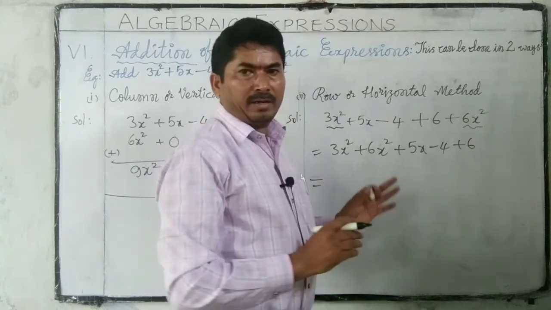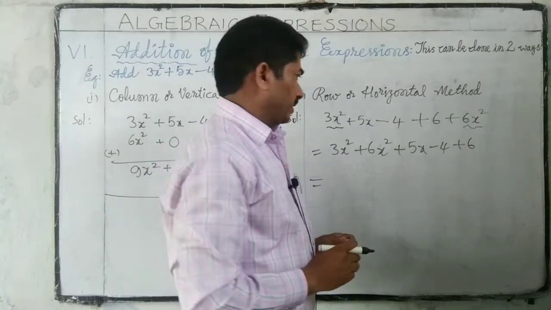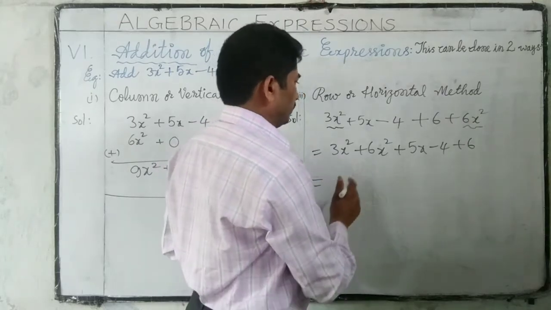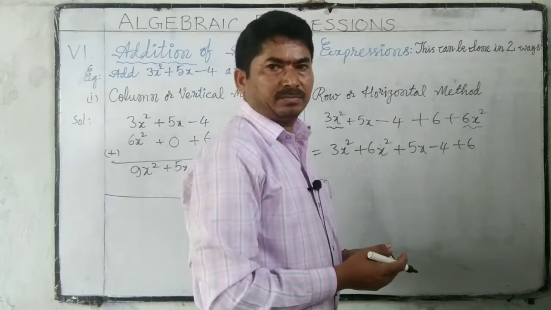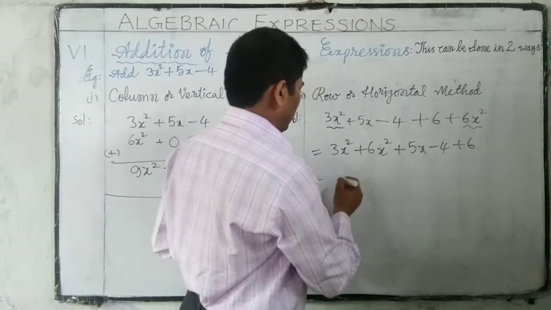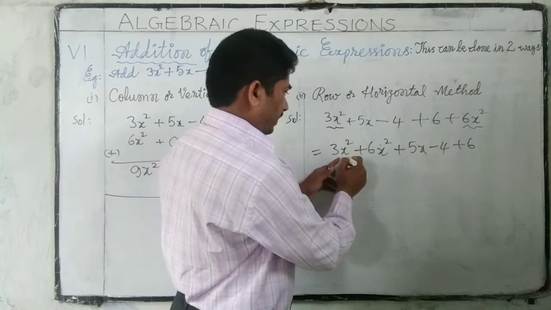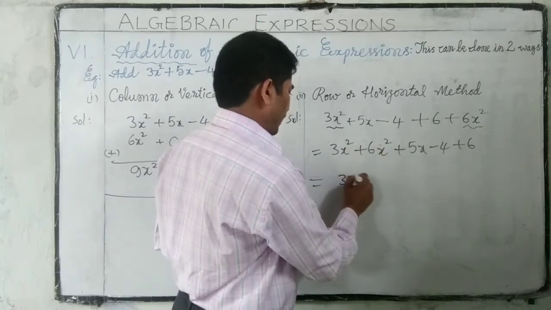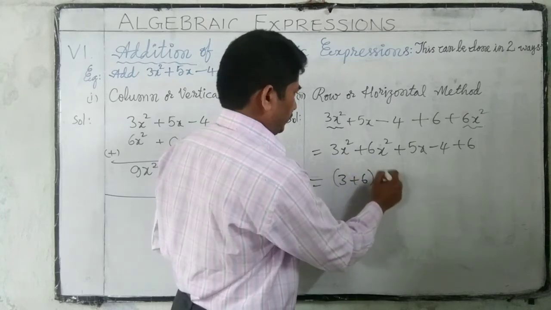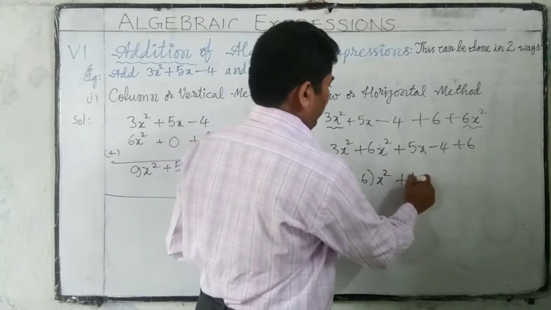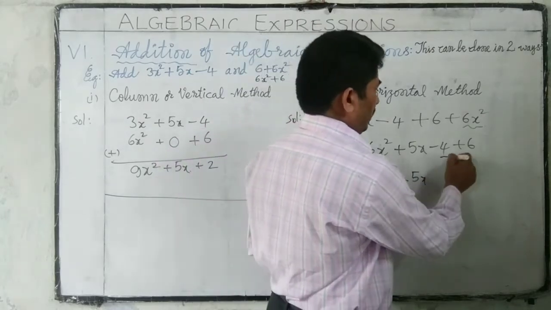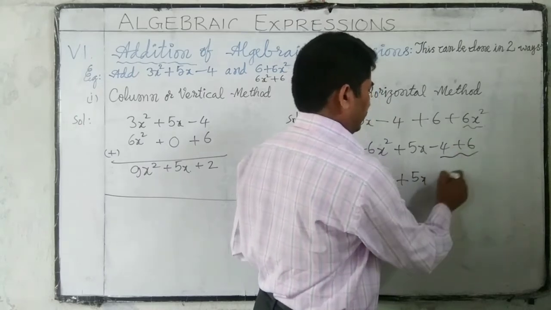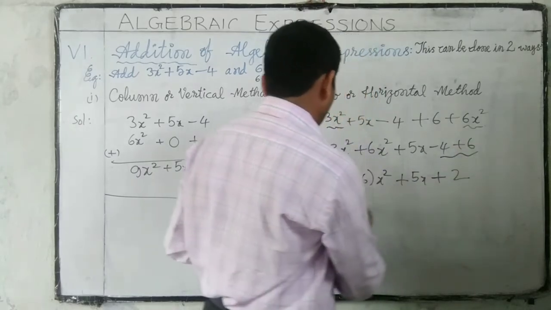Now add the like terms. Add or subtract like terms. 3x square, 6x square: 3 plus 6 x square, 5x, minus 4 plus 6 plus 2.